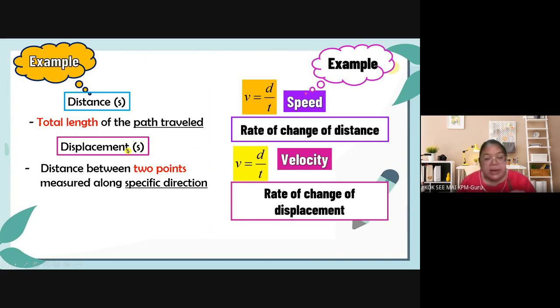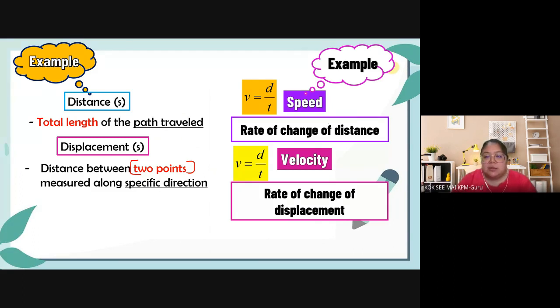Okay, displacement. Displacement is a distance between 2 points, measured along specific direction. 就是starting point 去 ending point. Then 它们的 direction 是 specific. Okay, 特定的 direction. Okay, 你要注意它的 direction.